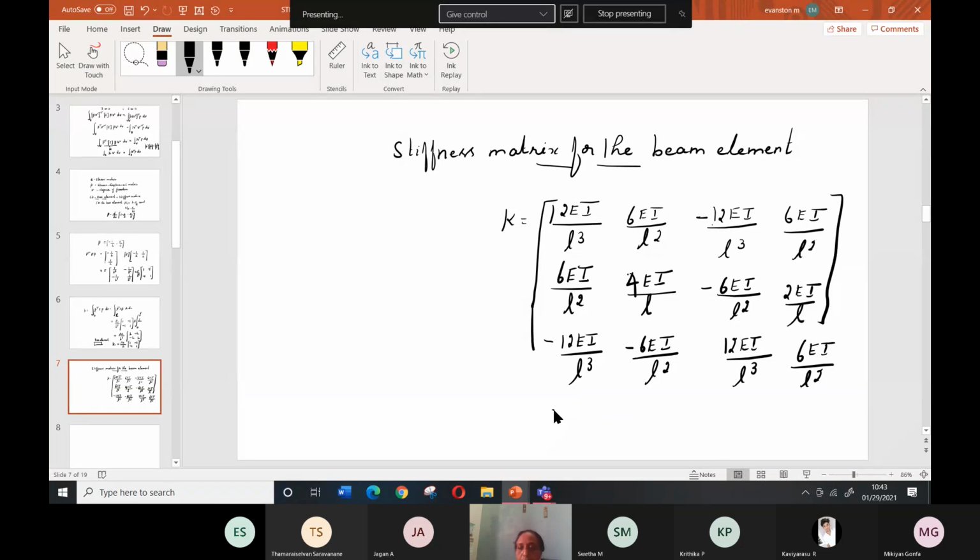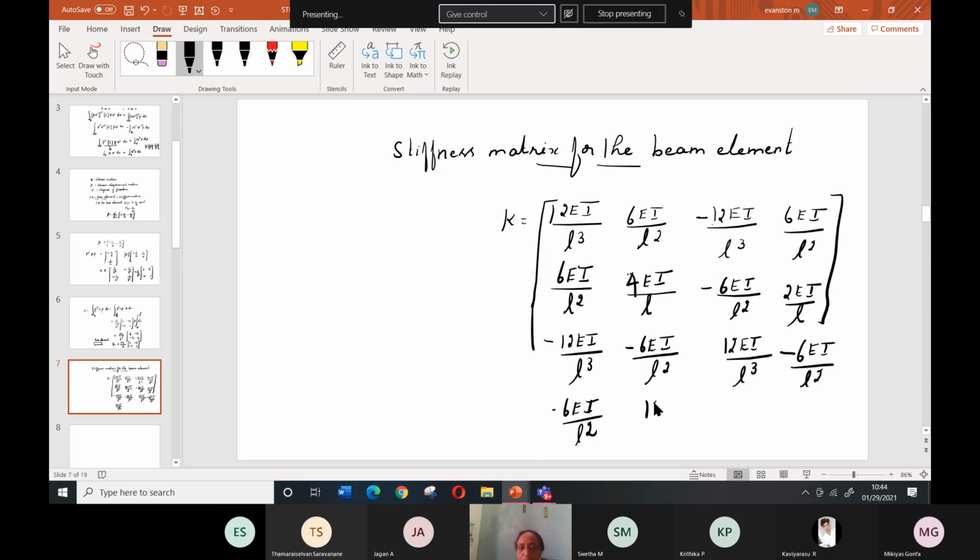What is the value? Minus 6EI by L square. Yeah. Here it is 6A by L square.